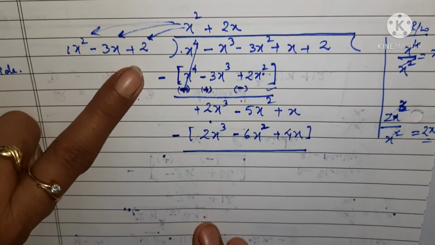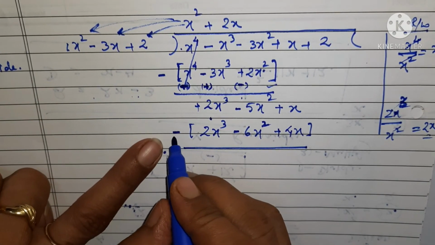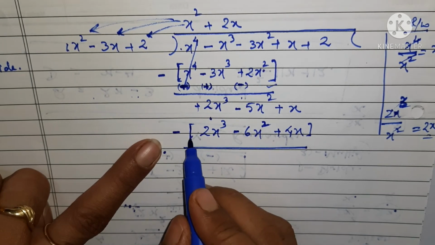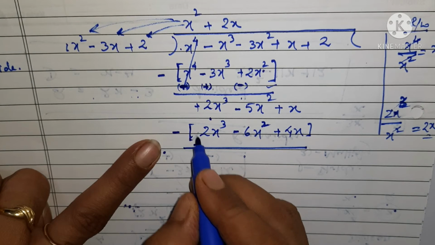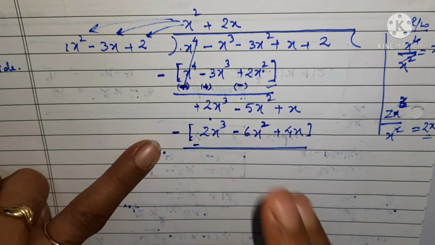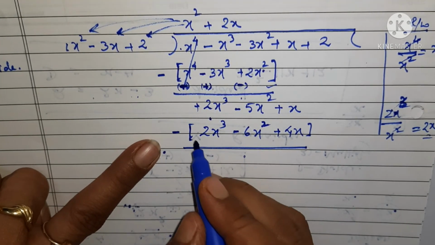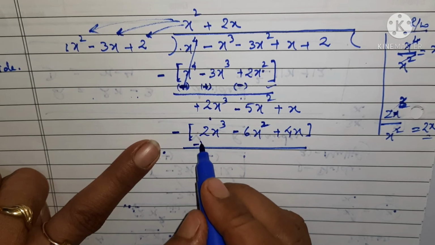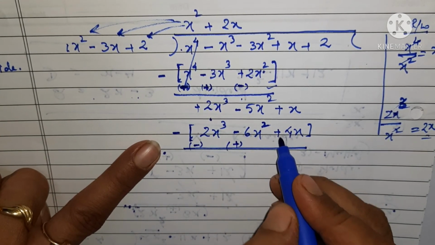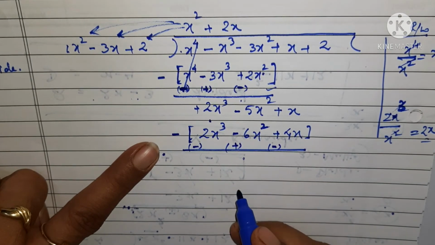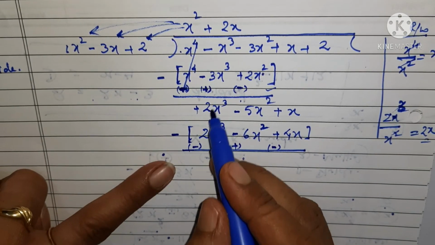Are you understanding? If a minus sign is there, obviously the signs change inside also. When no sign is there, you have to consider it plus. So this is plus, it will change to minus. This is minus, it will change to plus, and this is plus, it will change to minus. Now check the signs.